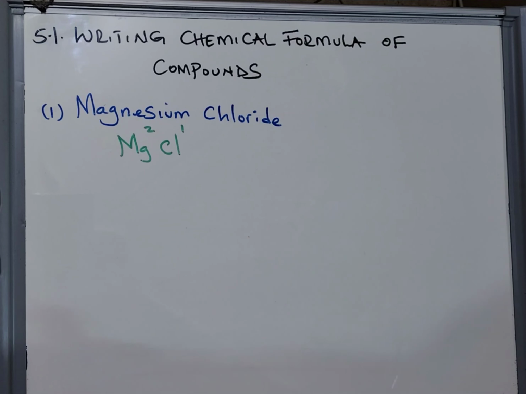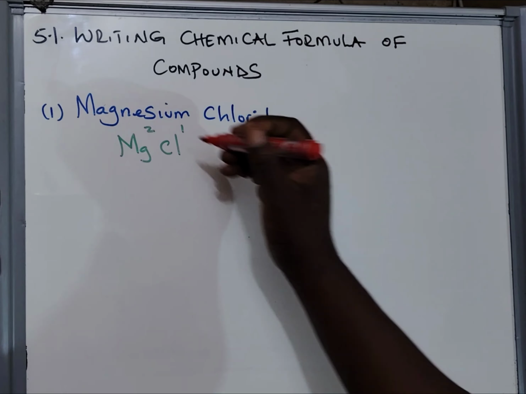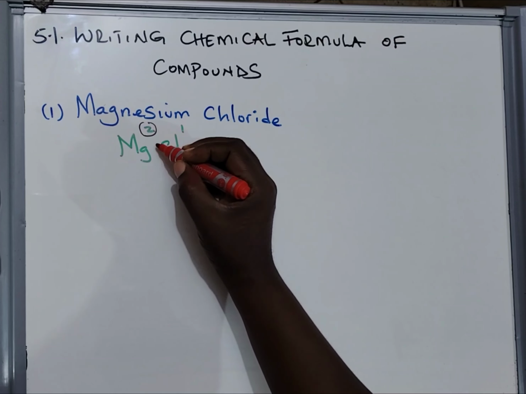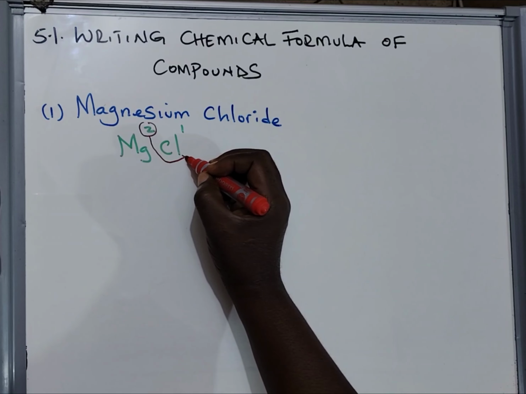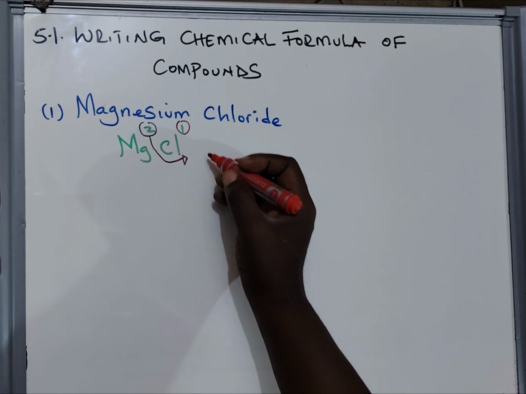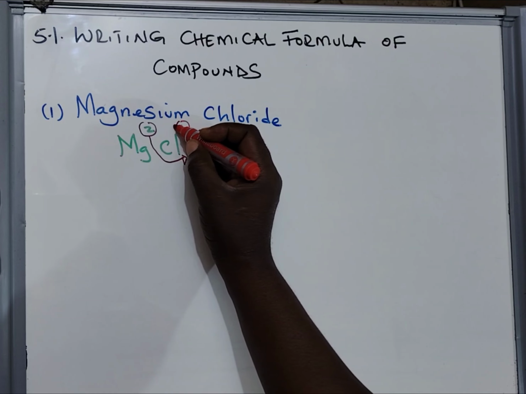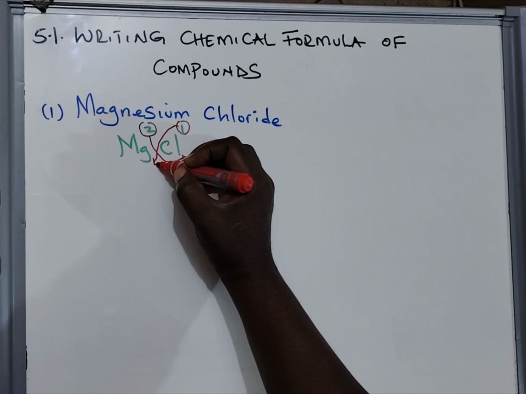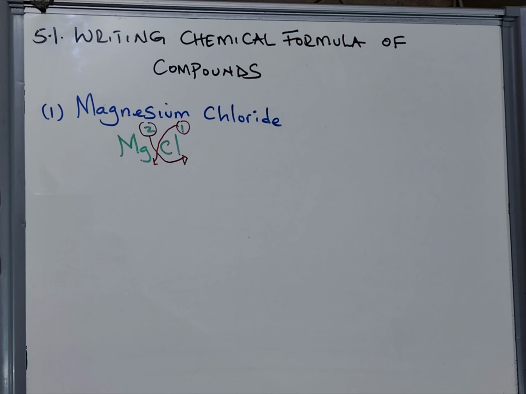So what is next is very important, that what you have as the valence of this one comes here, and what you have as the valence of this one comes here. Yeah, they become subscripts.